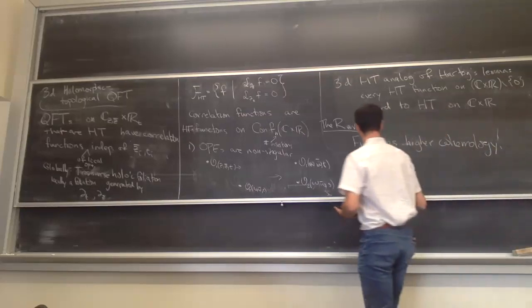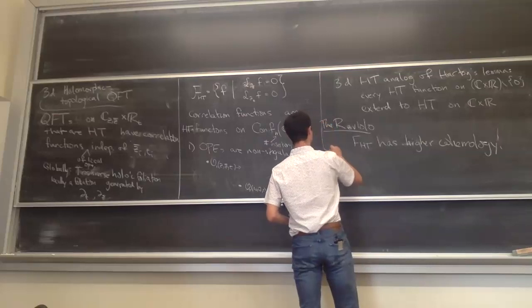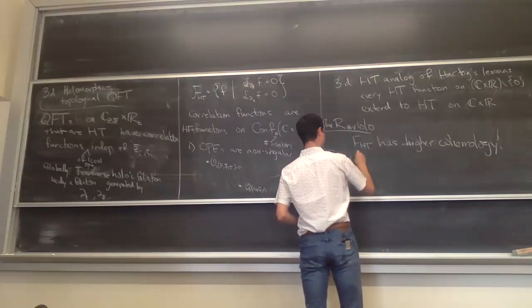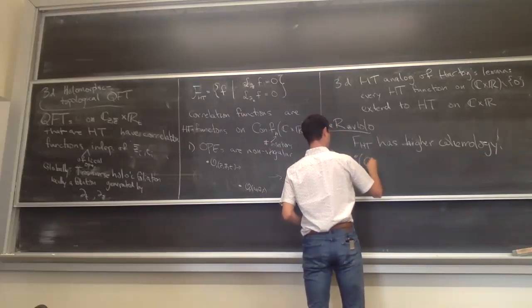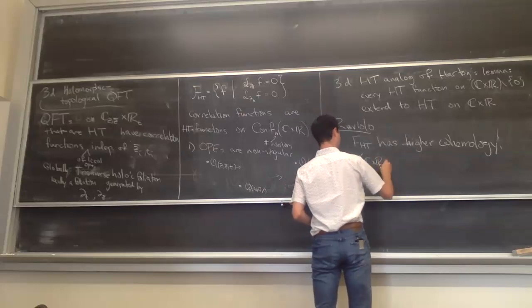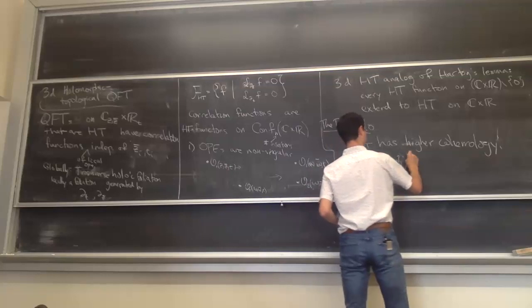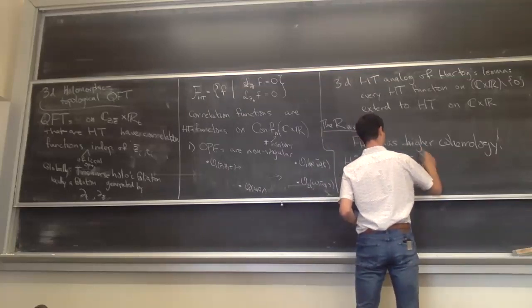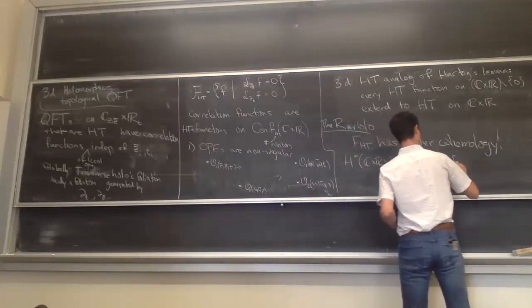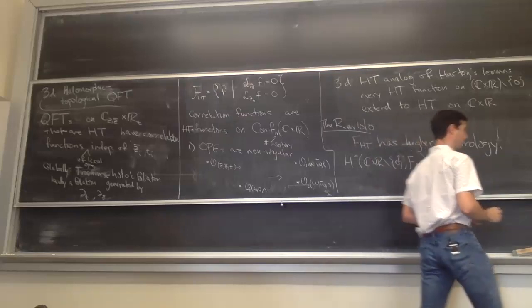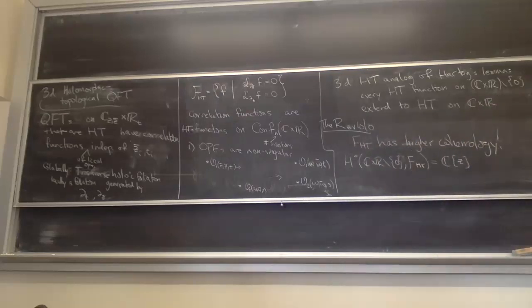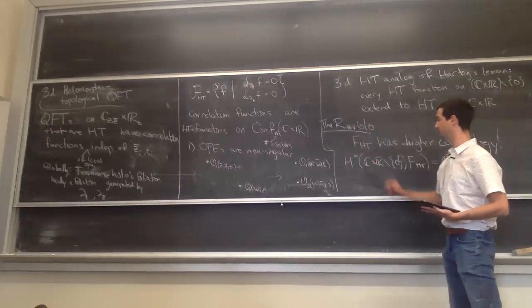So let me tell you what that is. In degree 0, this is just the holomorphic functions we talked about before. They're just holomorphic functions of my coordinate z on C.